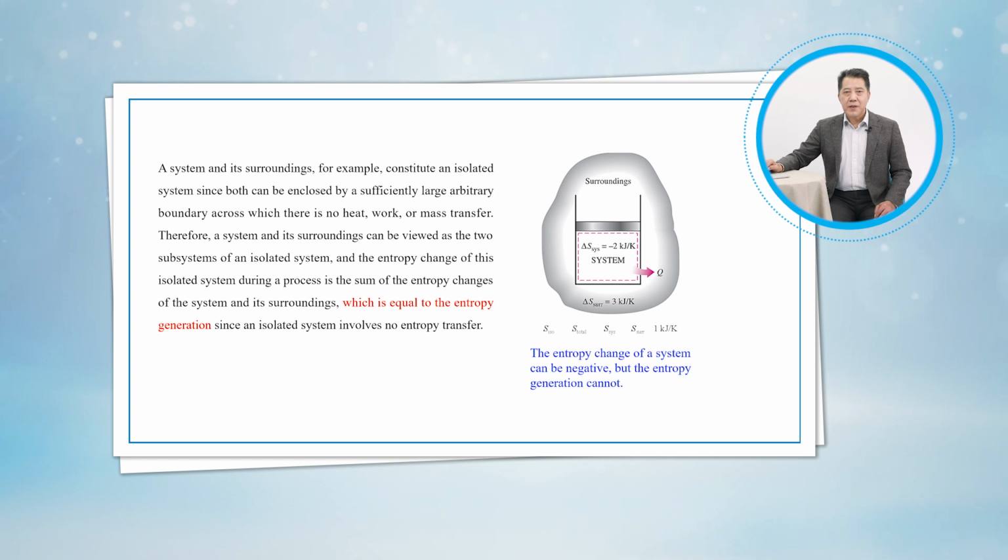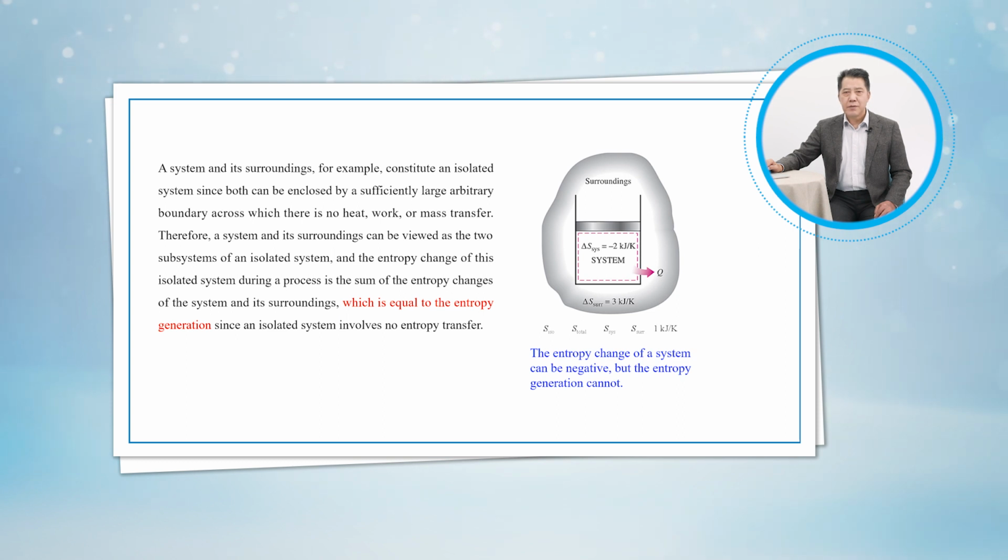A system and its surroundings, for example, constitute an isolated system, since both can be enclosed by a sufficiently large arbitrary boundary across which there is no heat, work, or mass transfer.